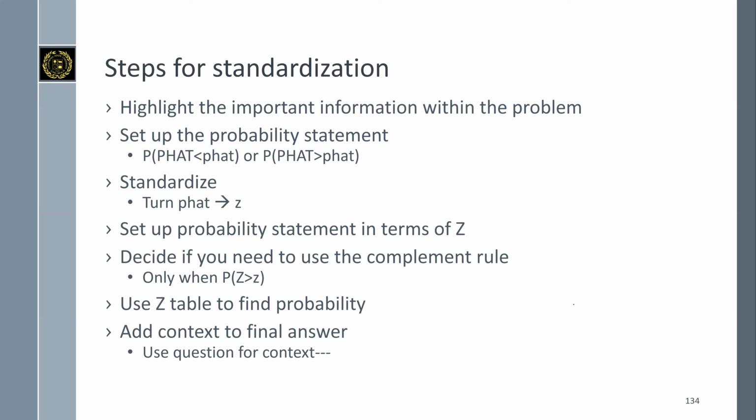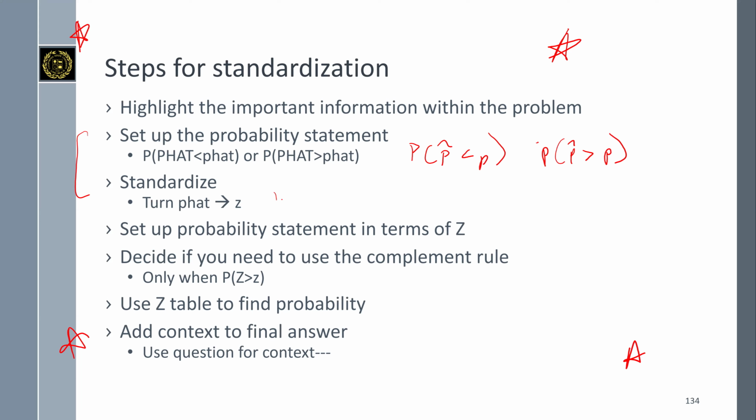So here we have our setup. These are steps that you need to know for chapter 8 as well. Again, the only thing that's changing is the first couple steps. That is it. The first one is the probability that p hat is greater than some value, or less than some value.